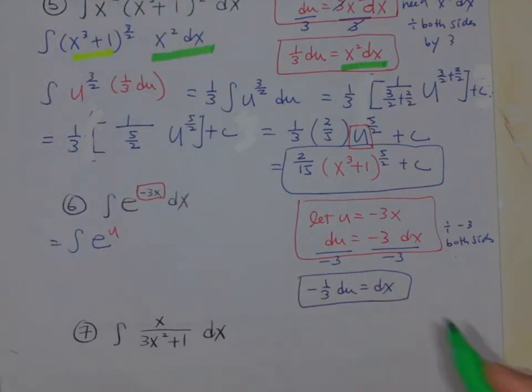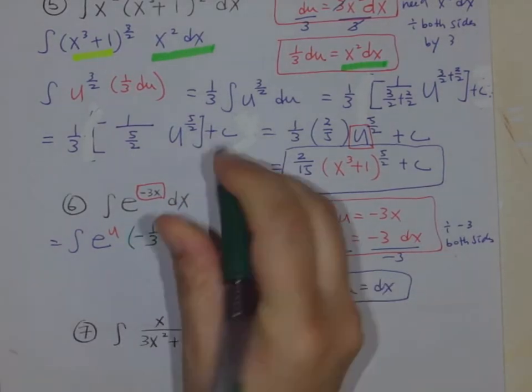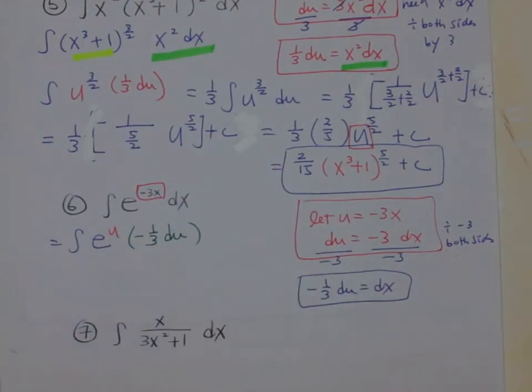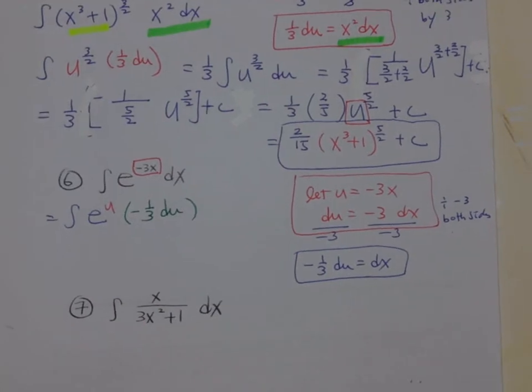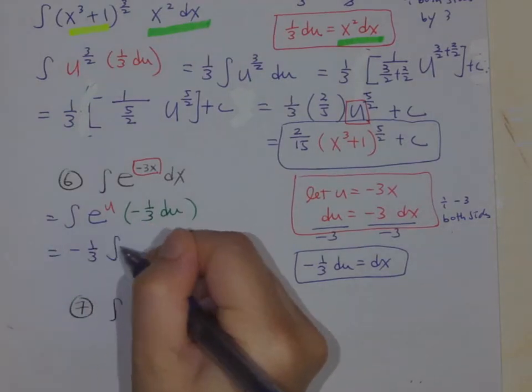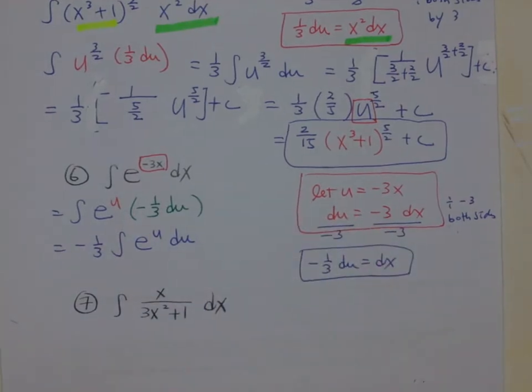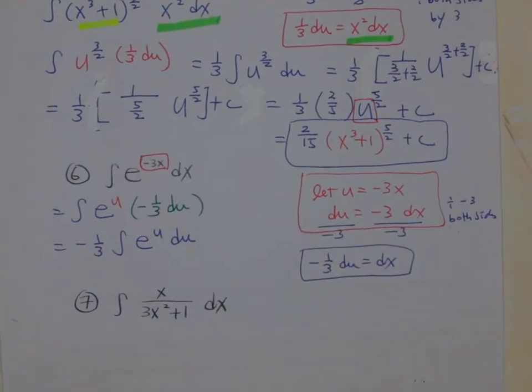So dx will be this guy. I'm going to have negative 1/3 du, because the u will be du, x will be dx, right? Alright, so I can pull out the coefficient, negative 1/3. This is e to the u du, right? So taking the integral of that is just e to the u.